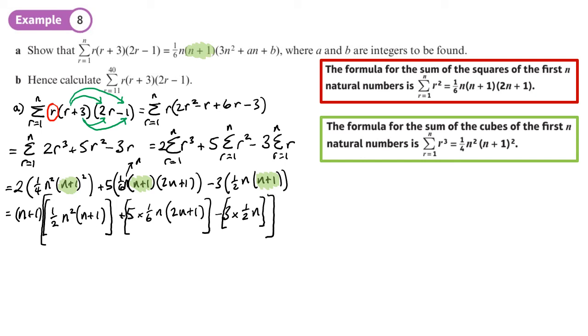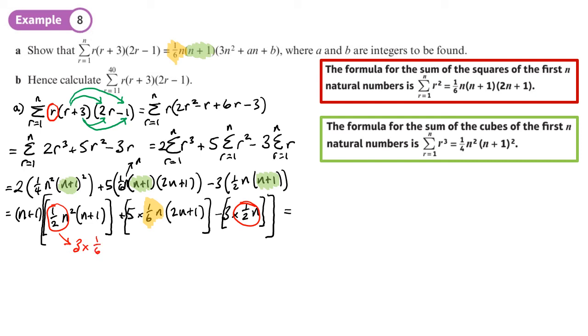Right, and what I'm going to do now, I want to write it in a form where I can take out a 1/6n. So I'm now going to take out 1/6n. Now I can do it here easily, but I'm going to rewrite this in a slightly different way to allow me to take a 6 out, because a half is 3 times a 6.